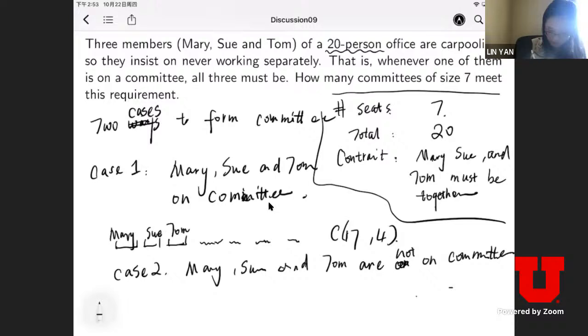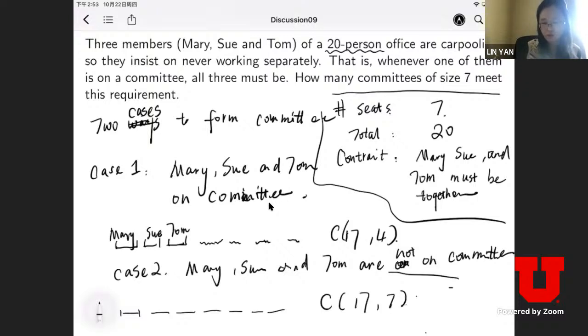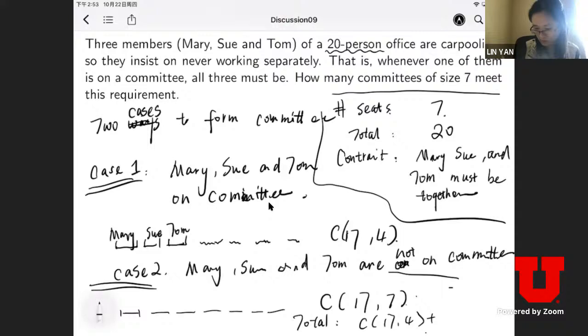That means the 7 members are not decided yet, and they are not Mary, Sue, or Tom, so it is 17 choose 7. So we need to analyze this problem from 2 cases. So the total is 17 choose 4 plus 17 choose 7.